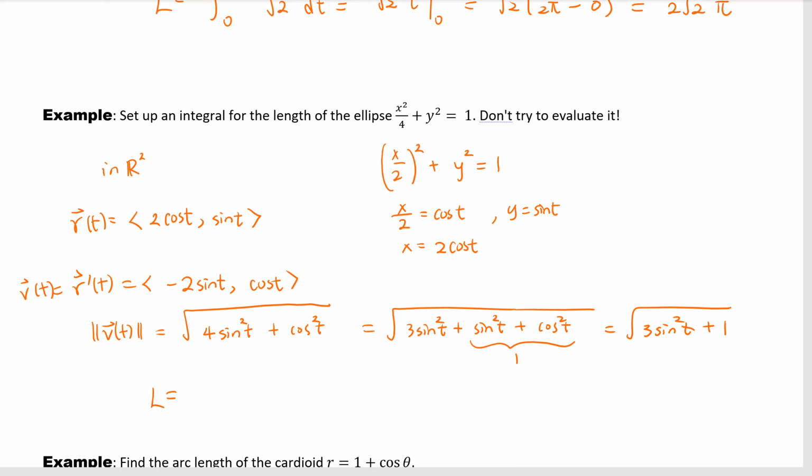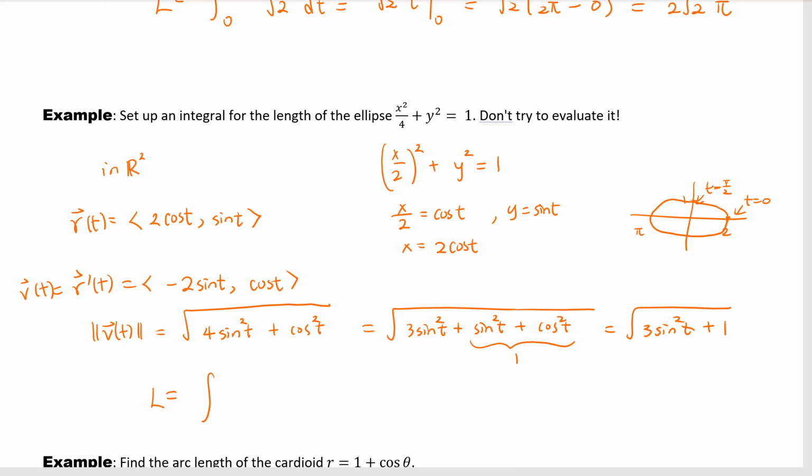So our length, because it's the whole ellipse with this parameterization, so because 2 is in the denominator under the x, the major axis is on the x-axis, and then the minor axis is 1. This is the ellipse. When t equals 0, we are at this point. When t equals pi over 2, we're at this point.